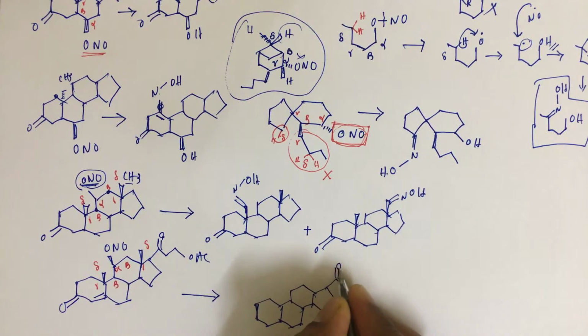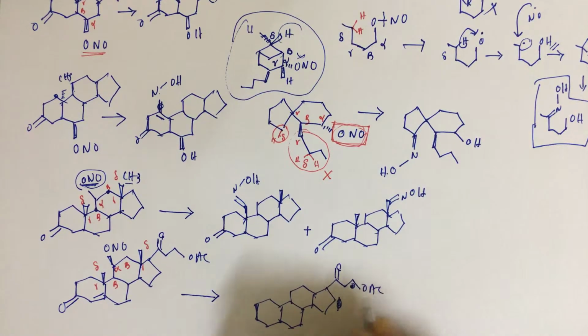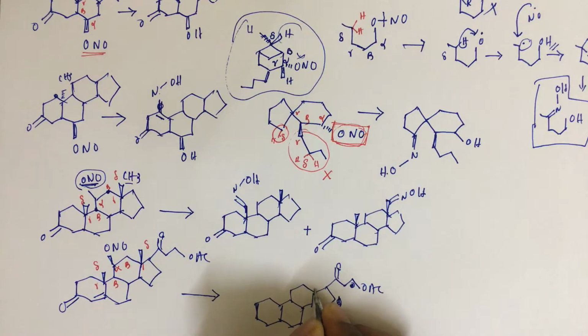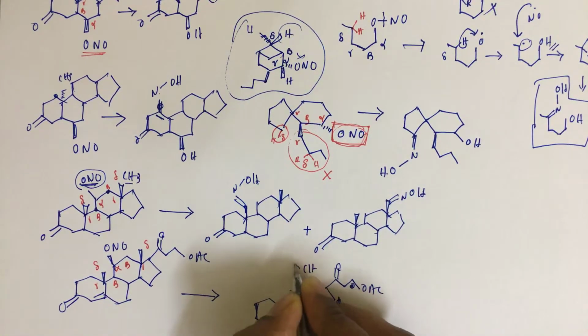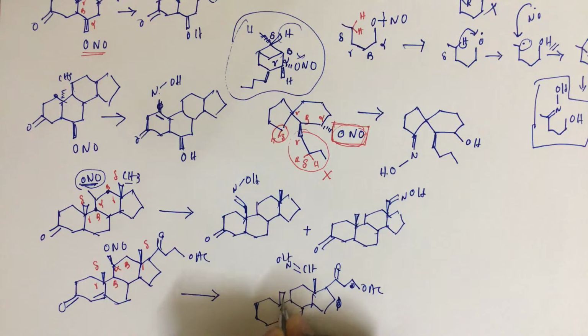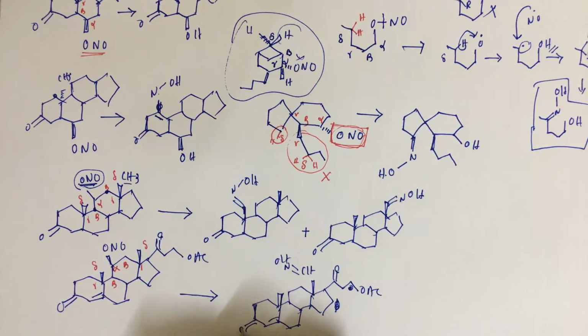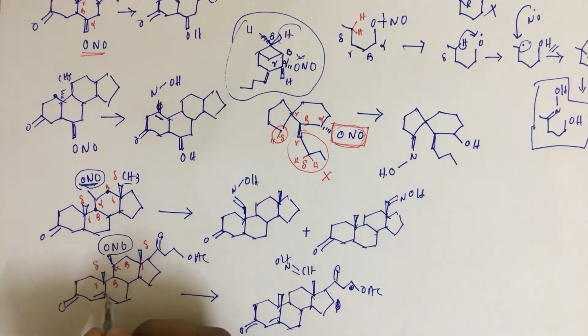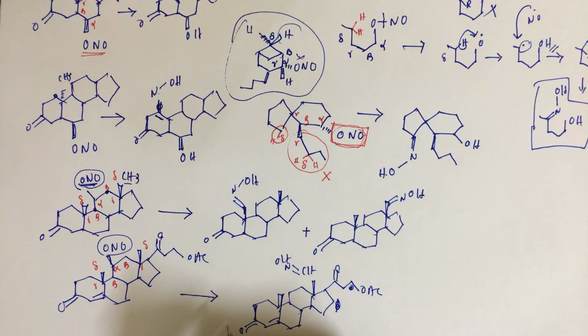OAC and CH double bond NOH, this product. So here also this ONO is separated by one carbon.